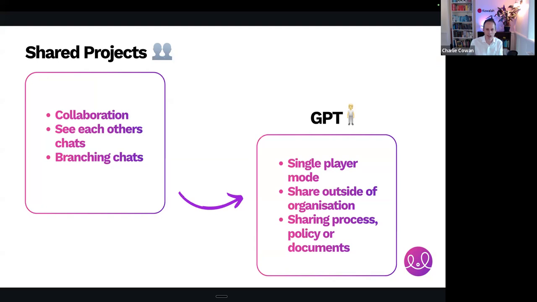You can also share a GPT outside of your organization, which you cannot do with a project. So for a GPT, I think about packaging up an existing process, an existing policy, an existing document or template that you want to give other people the ability to chat to. And so that's where a GPT comes in.